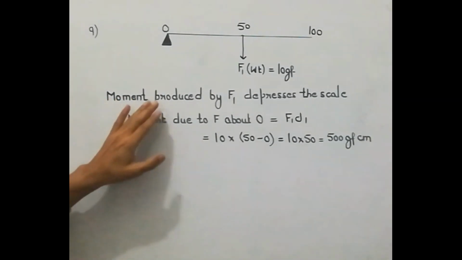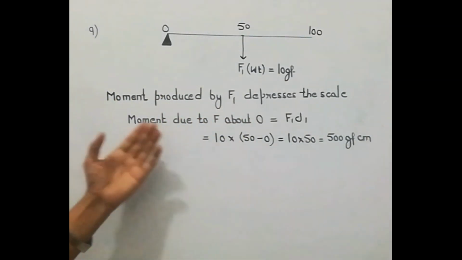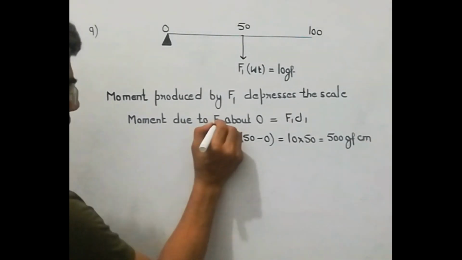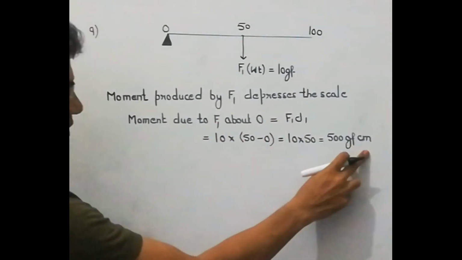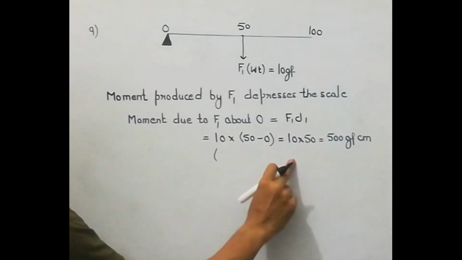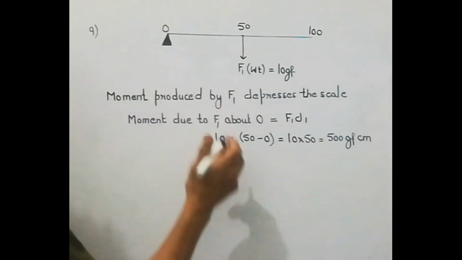So the moment due to F1 about 0 marking will be this. And what will be the direction? Here you will be writing the direction, so it is clockwise.